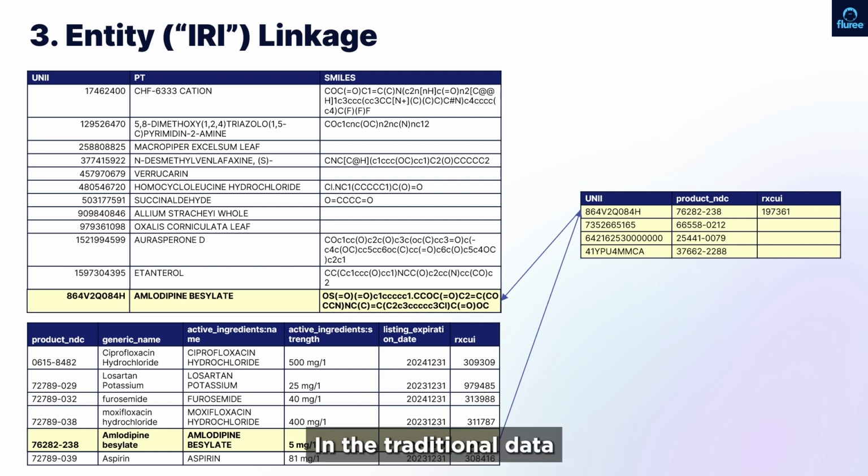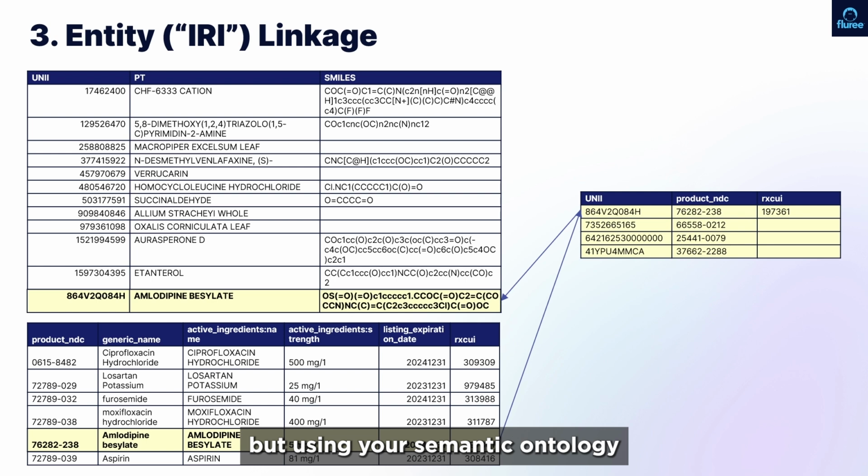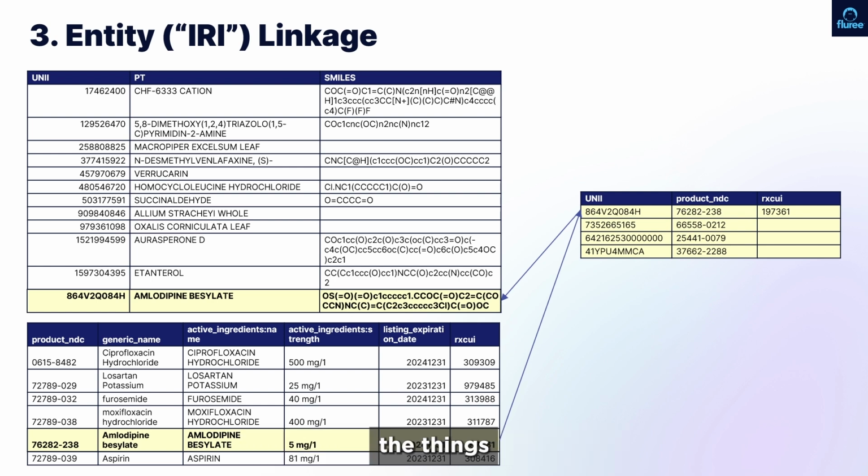In the traditional data world, this used to be called master data management. And in essence, what we're advocating for is master data management for every subject in your ontology. It's almost like master data management on steroids, but using your semantic ontology as the way to describe the things being mastered, as well as using the properties of your semantic ontology to help you describe the matching and merging logic.